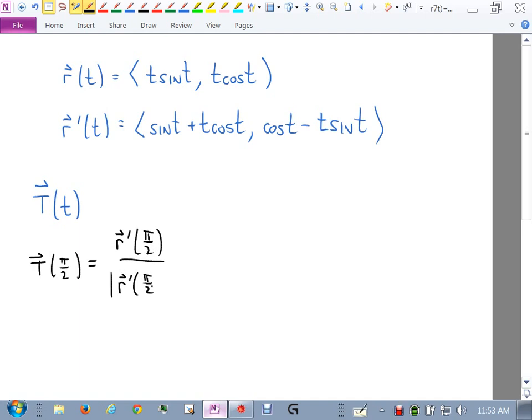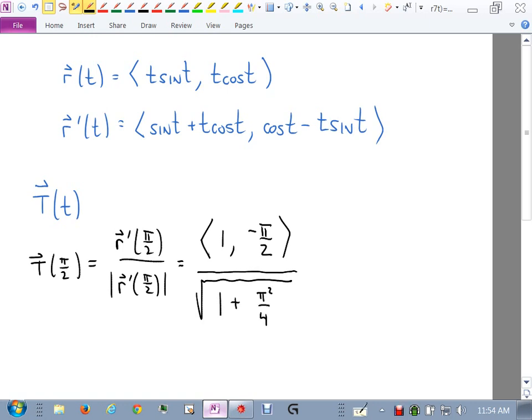What was the derivative again at pi over 2? What did we get? 1, negative pi over 2. We want to divide that by the square root of 1 squared plus negative pi over 2 squared, so pi squared over 4.